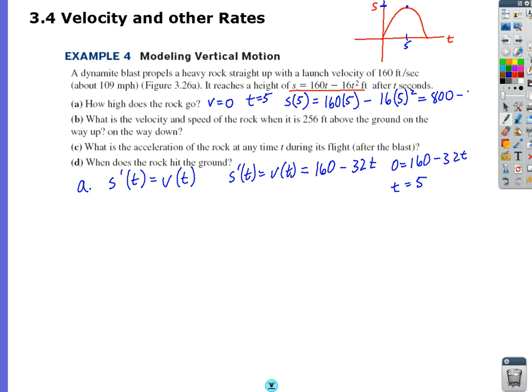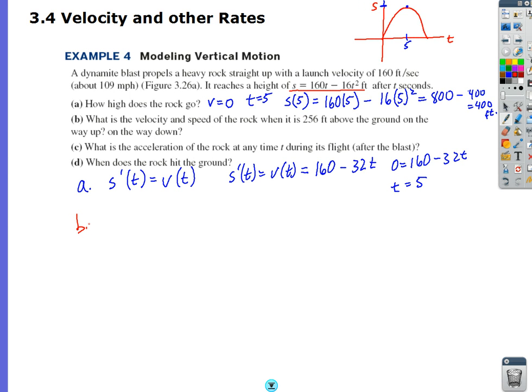Is that right? 800, yep, minus 400. And that's going to equal 400. And what unit am I in? Feet. 400 feet. Boom.